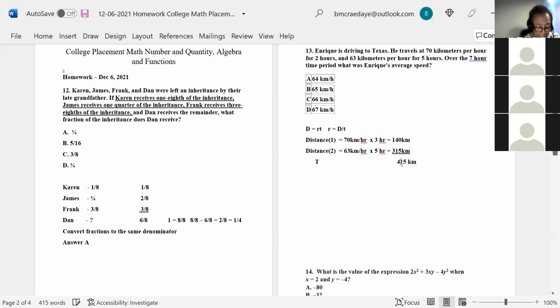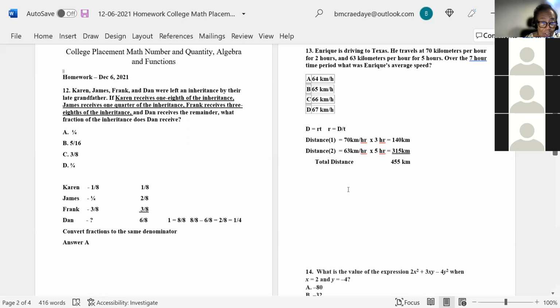So we had to add those two distances, right? So that would be total distance, 455 kilometers, divided by 7.